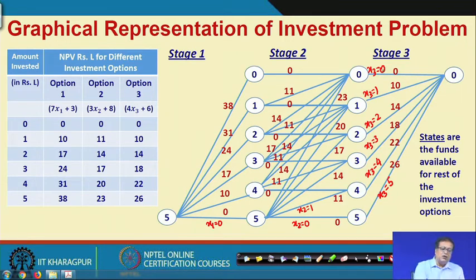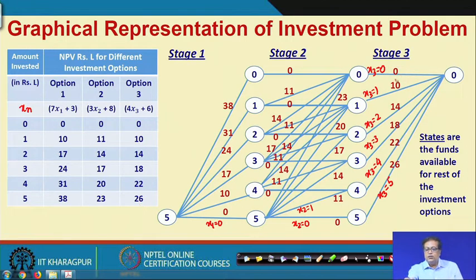Now, you see the third option here. In the third option, depending on what you invest, let us say x n, suppose n equal to 3, if we invest nothing, then we get 0. If we invest 1, we get 10. If we invest 5, we get 26.